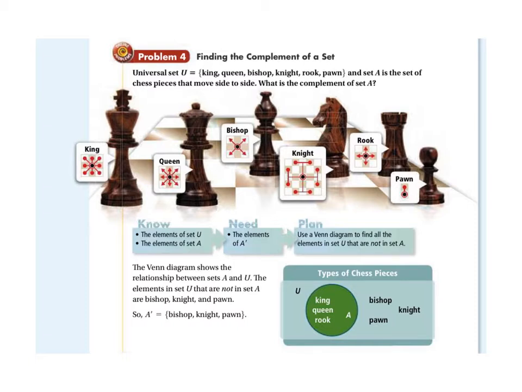So we're saying that king, queen, and rook are the ones that move side to side. Yes, I guess the knight's sort of up and over or down and over, depending on how you look at it, so it's definitely not a side-to-side thing. But neither is the bishop, and certainly not the pawn. So the Venn diagram again shows a relationship between the universe and the complements. So the complement of A is bishop, knight, pawn, the ones that are not the side-to-side movers.